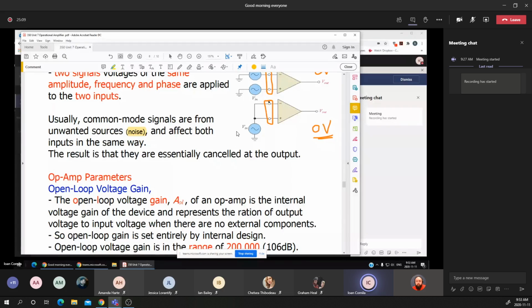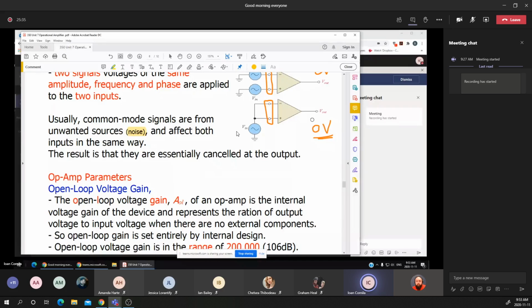But again, the same signal or the same noise is applied between the two inputs, which will cause the output voltage to be 0. Not always 0. Again, that's the ideal case, when the noise or the unwanted signal is canceled if it is applied between the two inputs.